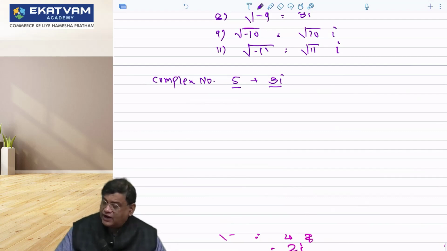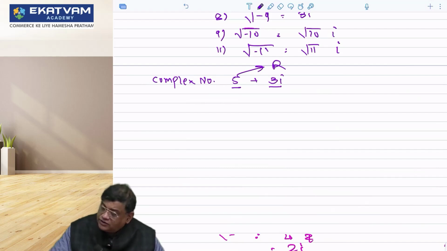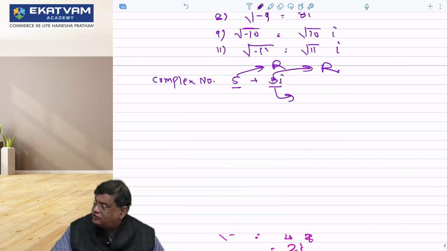But now try to understand. This 5 is a real number, and even this 3 is a real number. 3i is an imaginary number, but the multiplier of i, the coefficient of i, which is 3, is a real number.